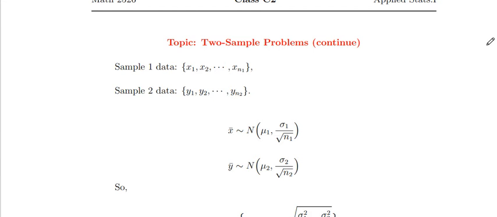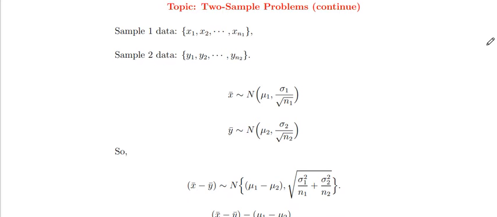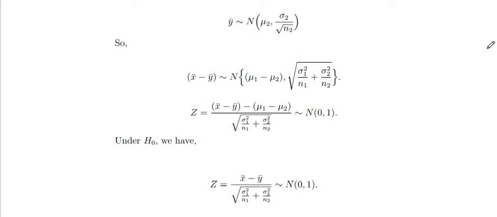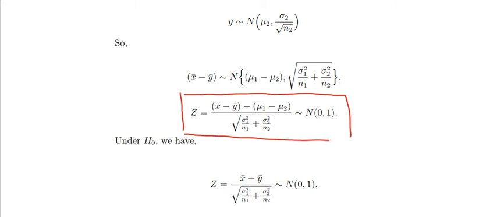So from those data, we have x bar follows normal, y bar follows normal, then x bar minus y bar follows this normal. Then this follows standard normal, right? So for the two sample problem, it's just a comparison.